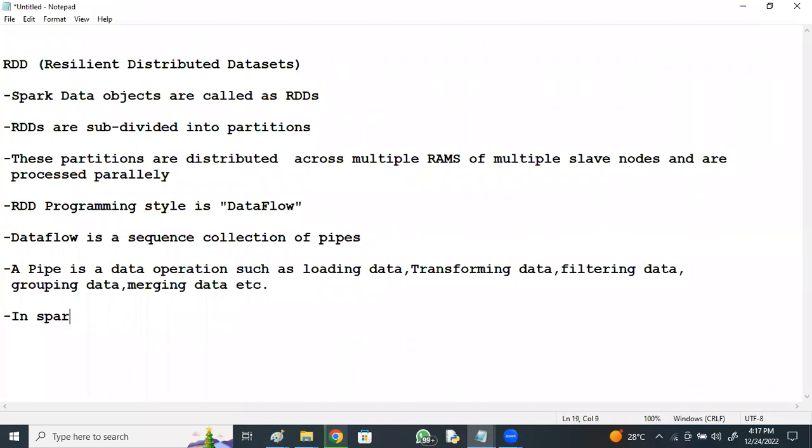In Spark, observe here, a pipe is a data operation such as loading, transforming, filtering, grouping, merging, right?